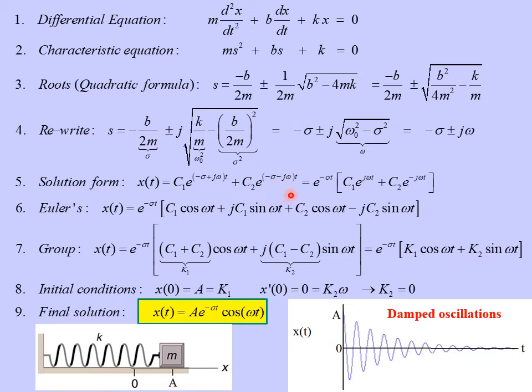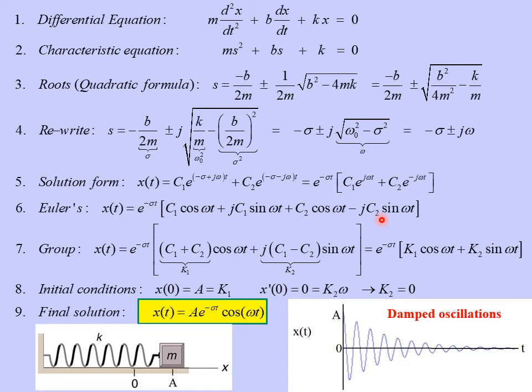You can see I've split apart, distributed the exponent, and factored out an e to the minus sigma t. This is all just algebra now. And once I get it in this form, I'm going to use Euler's formula to write these complex exponentials out as cosines and sines, okay?